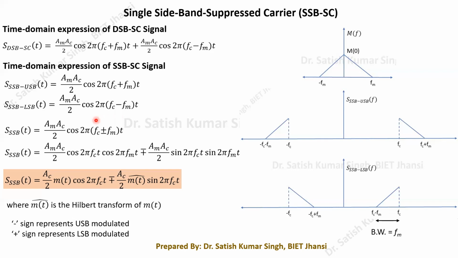If I want to write the SSBSC signal, it could be written as AmAc/2 cos 2 pi (fc ± fm)t, where the plus sign represents the upper sideband and the negative sign represents the lower sideband modulated signal.